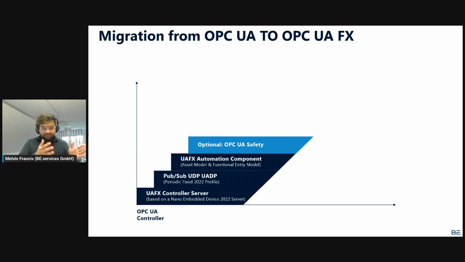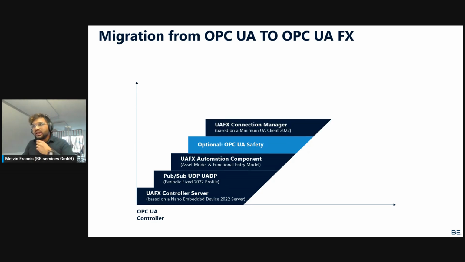It is here to give you an overview that even safety is supported by OPC UA. When you're developing something like a robot, you need safety, without which you could not ship your product. So this is very important, and still it's optional in certain industries and not in others. That's why it's optional here.